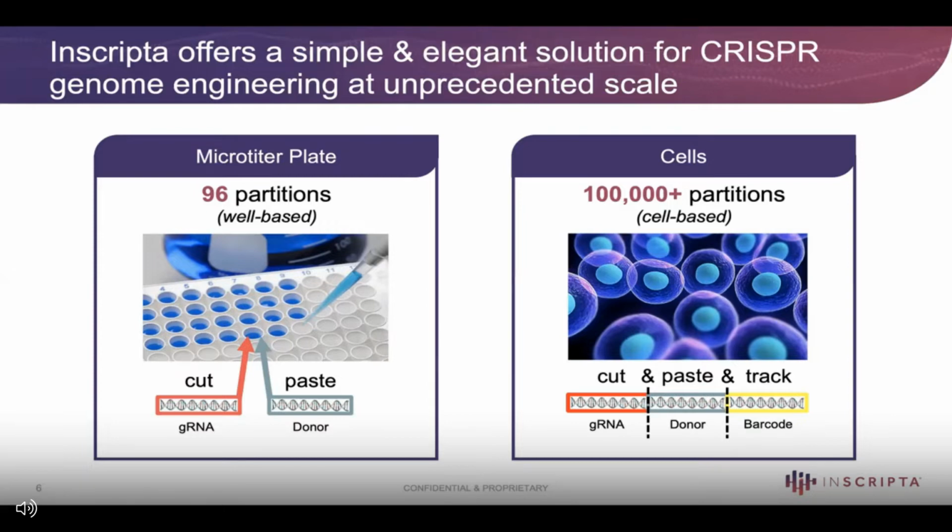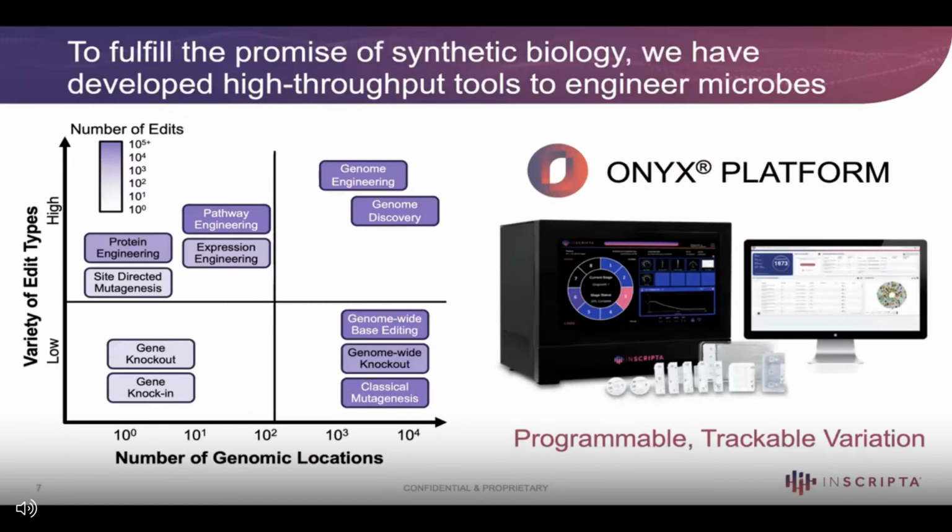And so we built an automated platform to be able to do this. To get to the point of developing a method for high-throughput generation of variants of E. coli and yeast, we built out an Onyx platform to address anywhere from very specific edits, down to 100 single edits per cell, but 100 different edits in your pool.